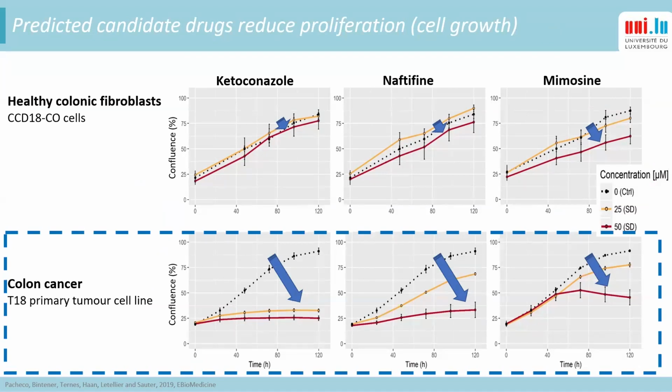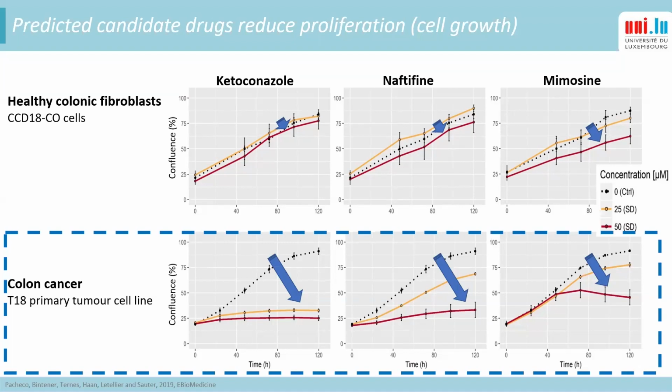We saw that the 3 drugs in the 3 columns worked on the colon cancer cells, but did not really have an effect on the growth of the fibroblasts. So this showed us that this tool is really capable of picking up some very specific cancer signal in the metabolism. And that was the starting point.